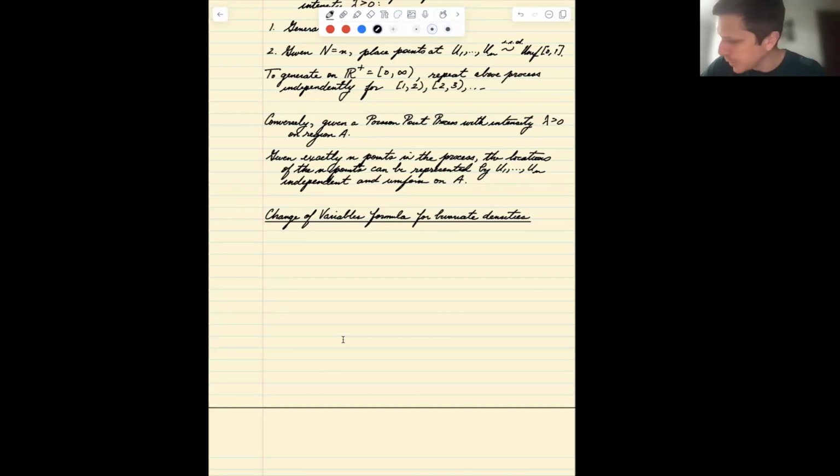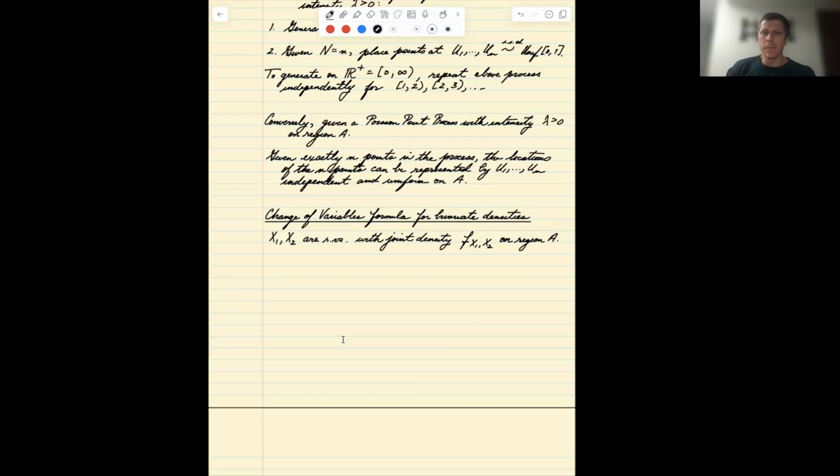Okay, so let's suppose we have random variables x1, x2 with a joint density. Write it as f(x1, x2) on a region A. Okay, so be as arbitrary as we can be.